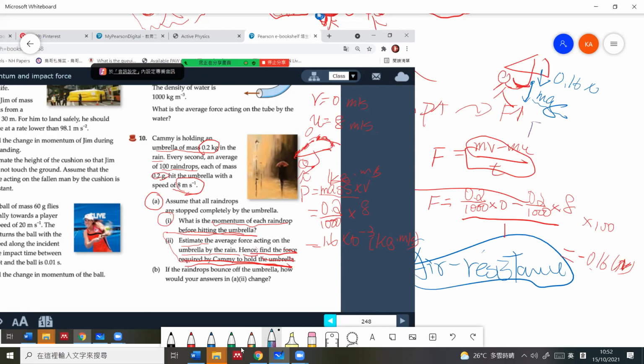So the total force is the weight of the umbrella, 0.2 times 9.81, plus 0.16 Newton. Here is the force required to hold the umbrella.